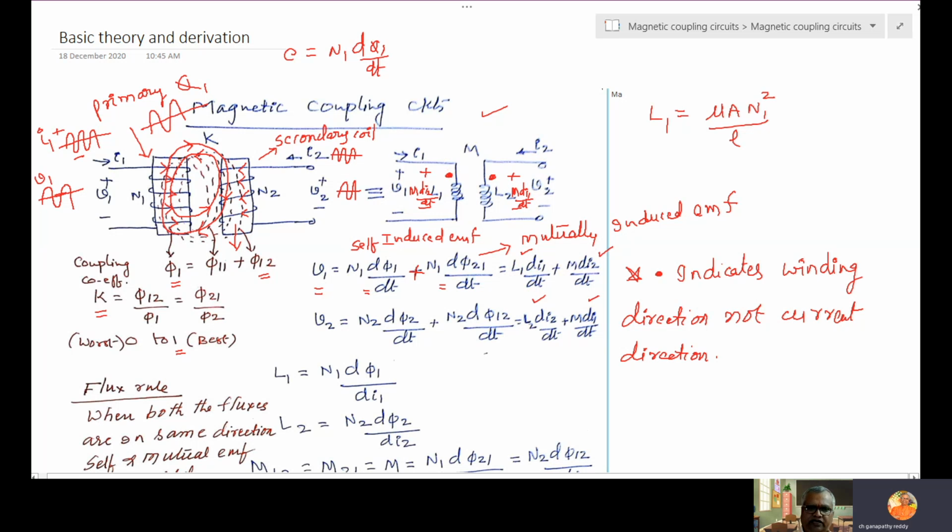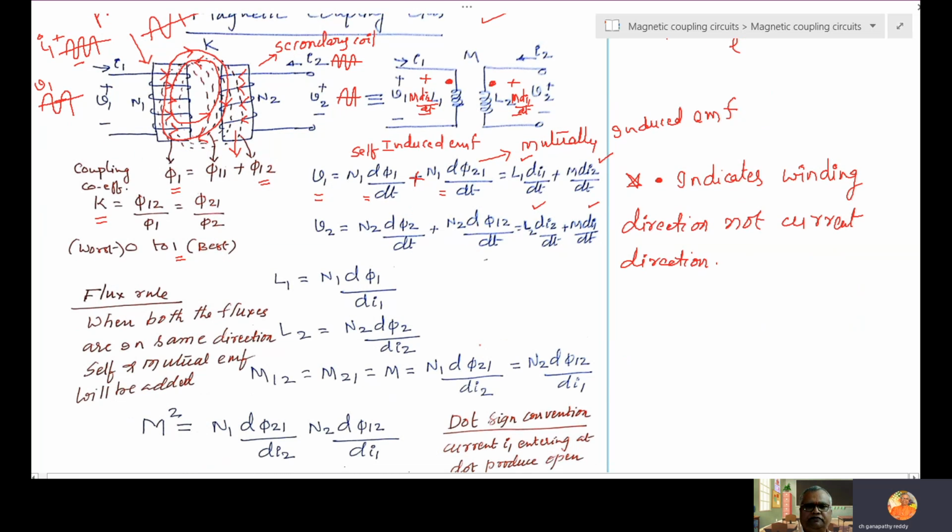When dots are there, we talk in terms of L1, L2, M. When dots are not there, we talk in terms of N1, N2, K. This is self and mutual, and this is also self and mutual. Now self is equated, so these two are equated.